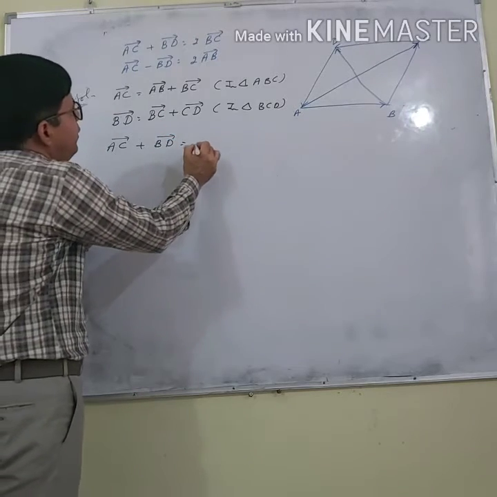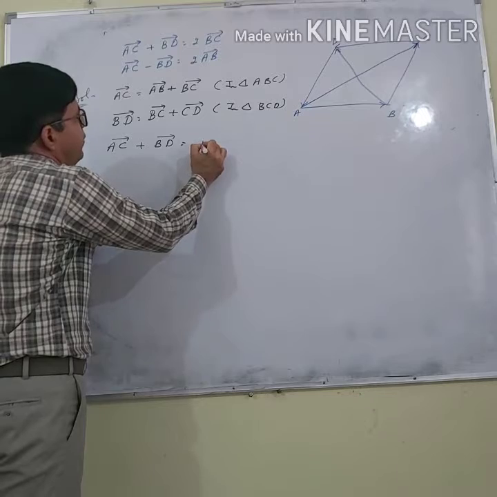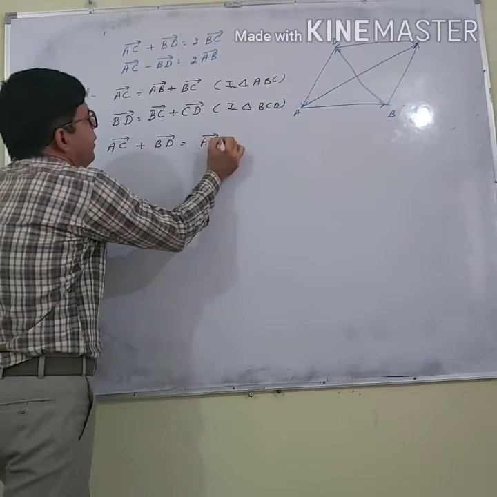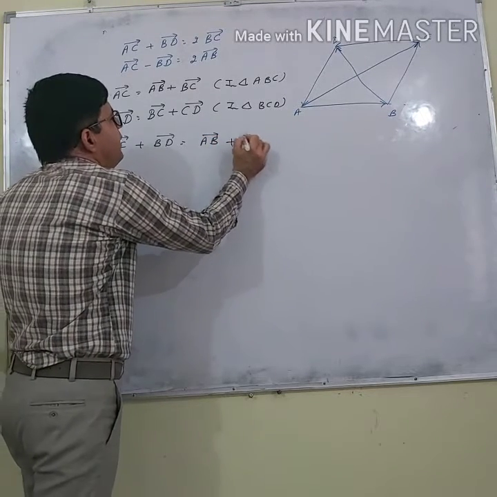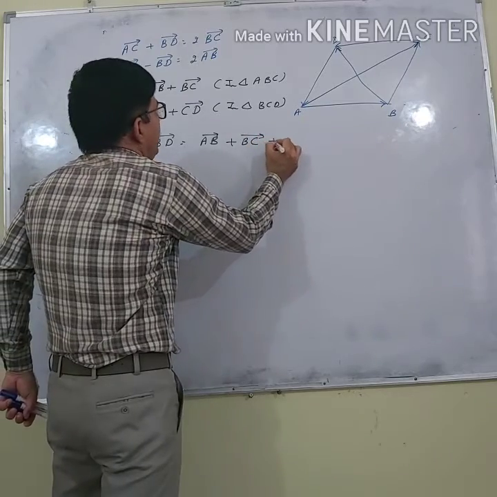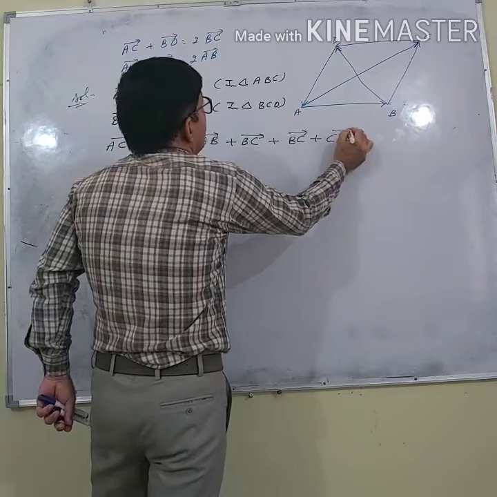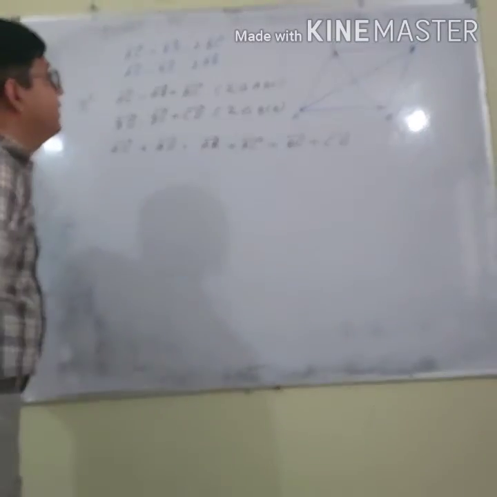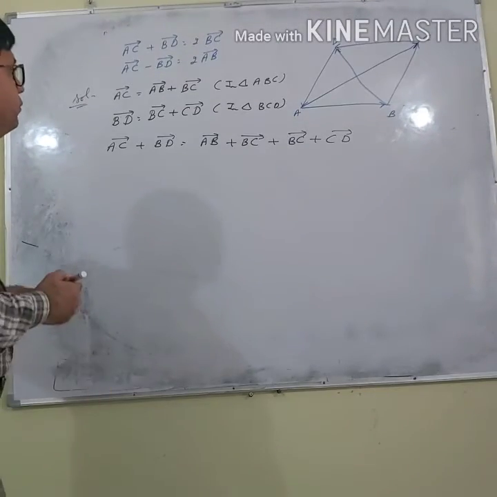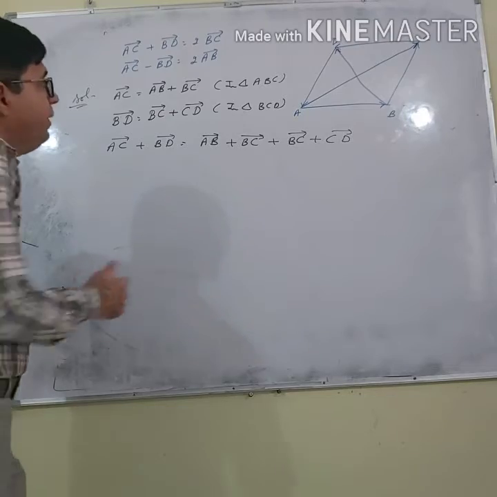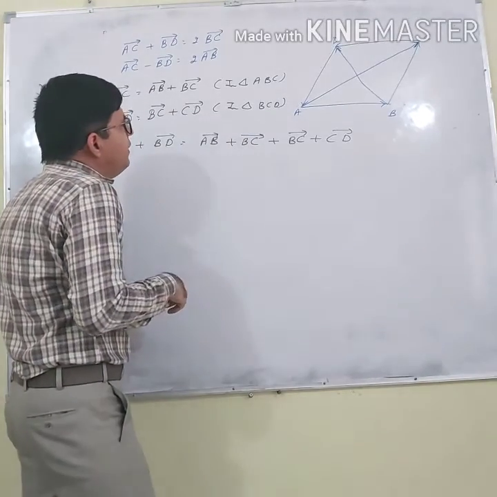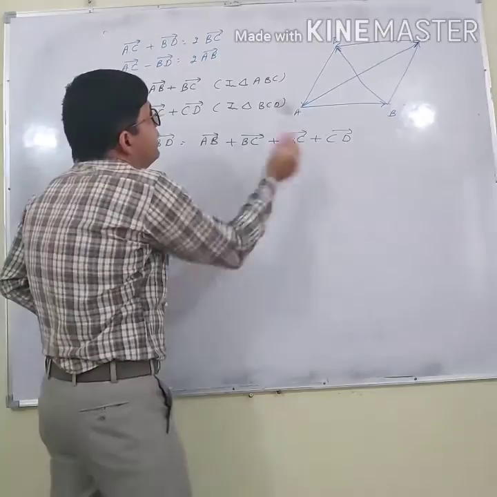Now, vector AC plus vector BD, how much will it be? Just put in their values: vector AB plus vector BC plus vector BC plus vector CD. Now, BC plus BC is 2BC. What about AB and CD?